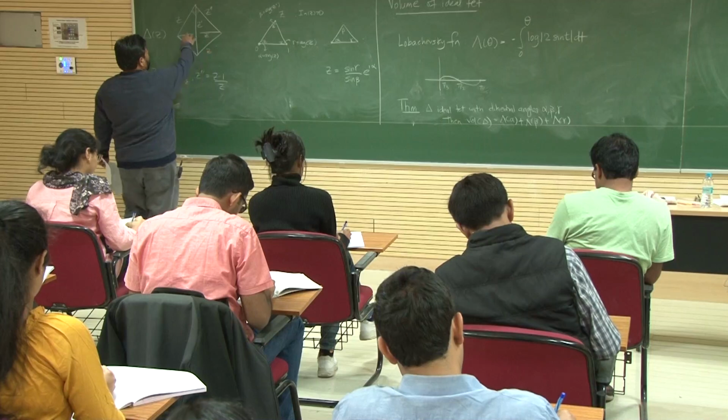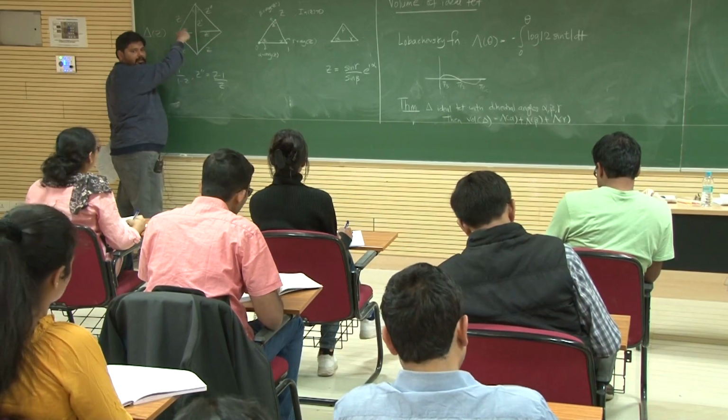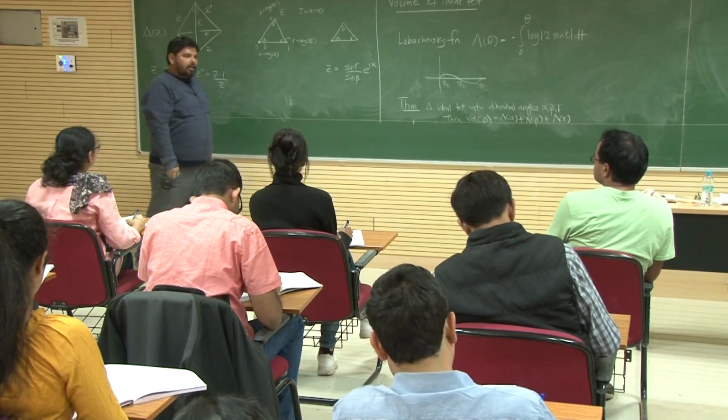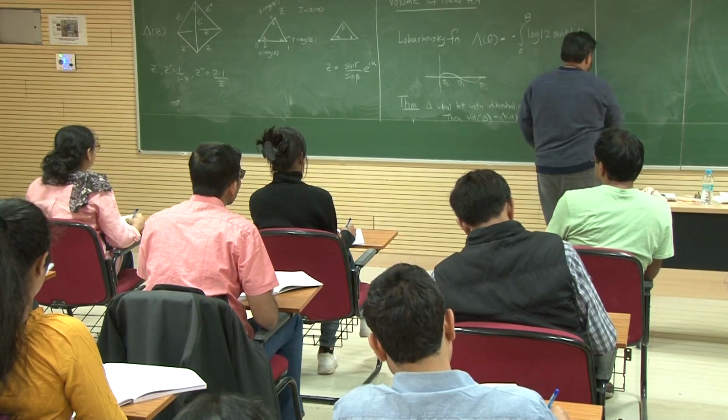Note that the dihedral angle over here, well, the opposite angles are going to be the same, right? The dihedral angles. So all the link triangles are similar because of the symmetry.